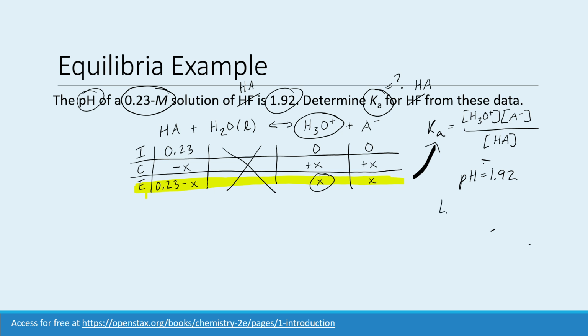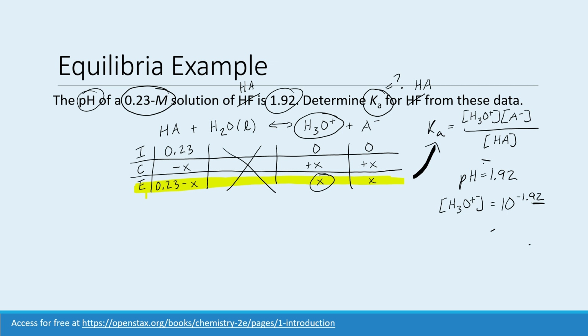The hydronium ion concentration will be equal to 10 to the negative pH value, so 10 to the negative 1.92. Remember that the number of digits after the decimal tells you the number of significant figures in the hydronium ion concentration.